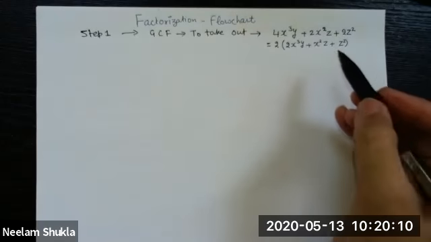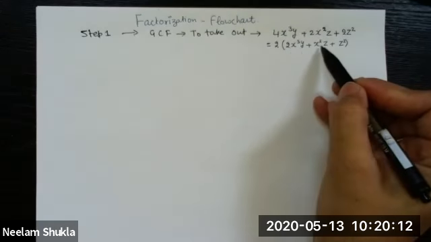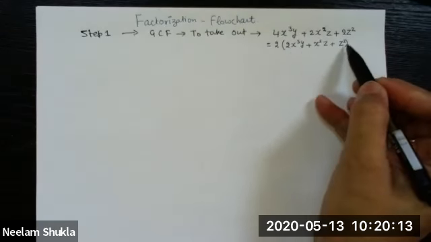Now, this is a polynomial of degree 4 here. I am left with it, but I don't know if I can factorize it, because I am not done with the flowchart here. I don't know the other possibilities right now.